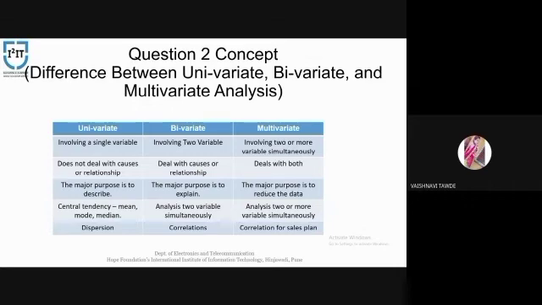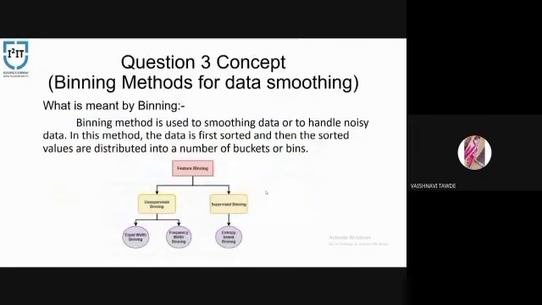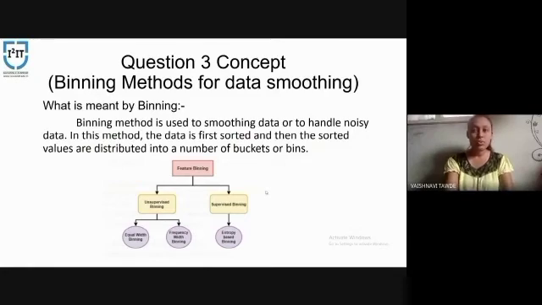Let's move forward. These are the binning methods for data smoothing in Python. What is meant by binning? The binning method is used for smoothing the data or handling noisy data.